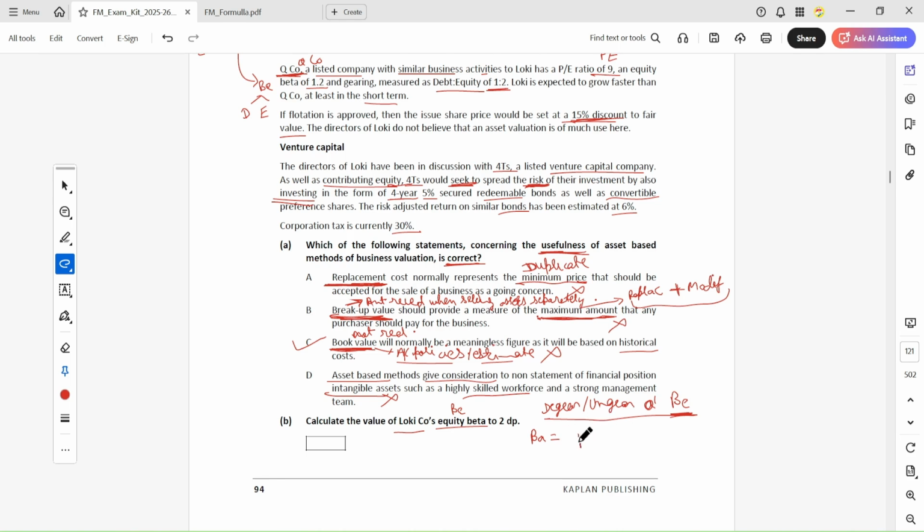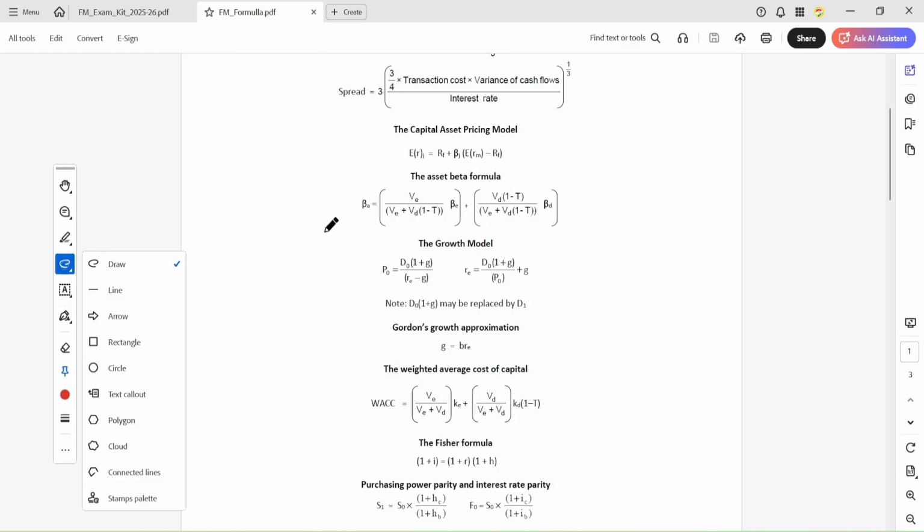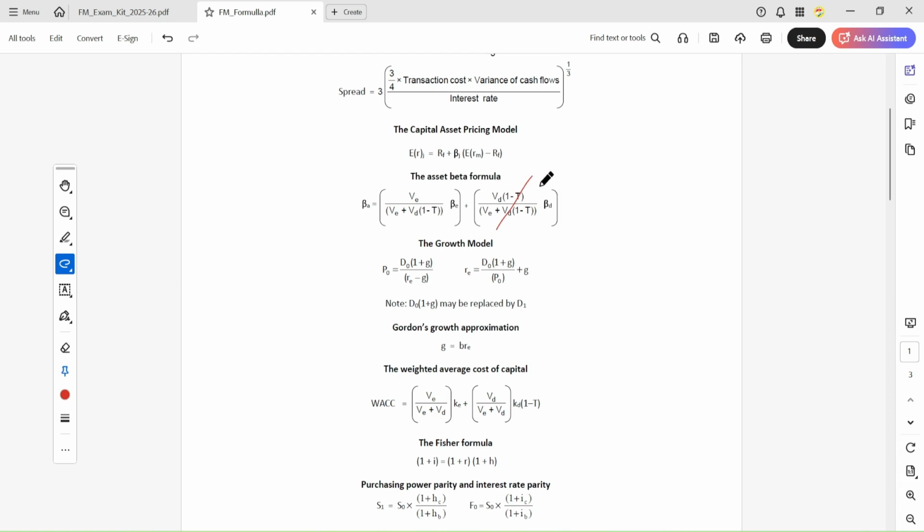This is also given in your formula sheet, so you don't need to remember it: value of equity, value of E plus value of debt times 1 minus T. Asset beta is this, and we don't consider this other value while calculating with the formula, because this is risk free.